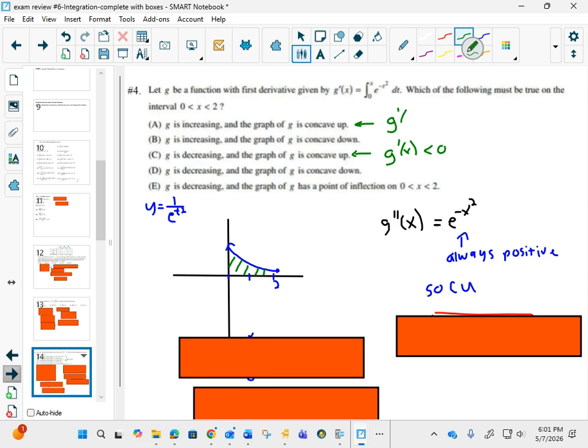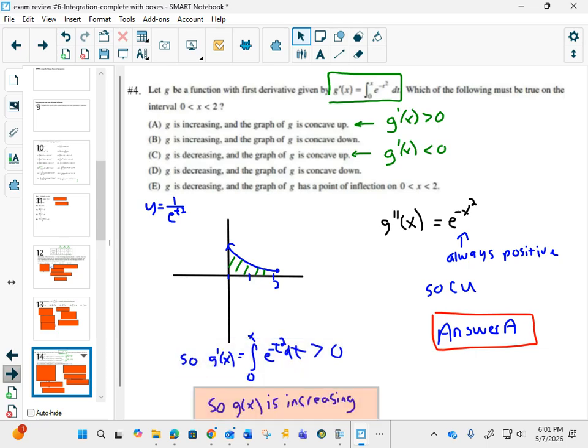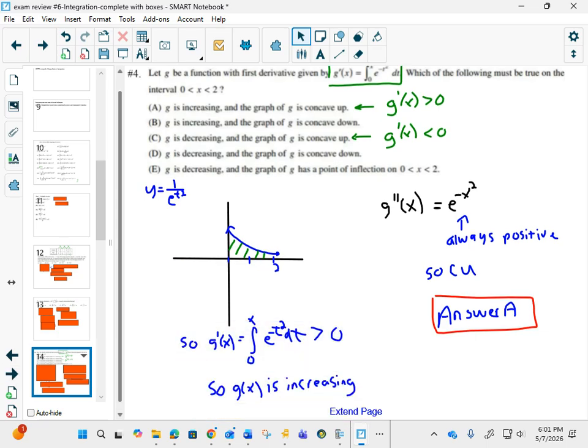This one implies g prime of x is positive. What is g prime of x? G prime of x is an area function. And if e to the x is a positive graph, my area as I go from 0 to the right is going to be a positive number that keeps getting bigger. So because it's a positive number that keeps getting bigger, I know that g of x is increasing.